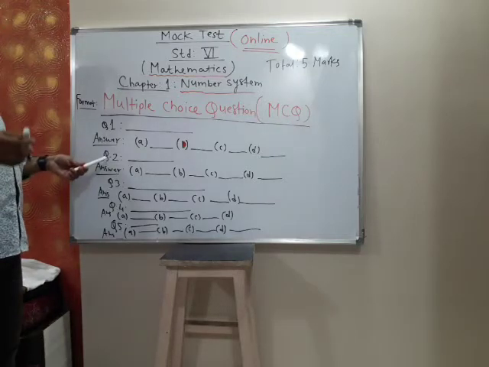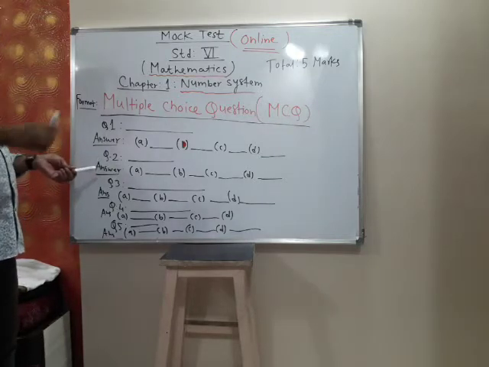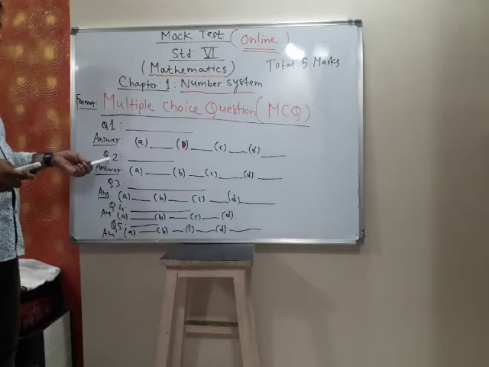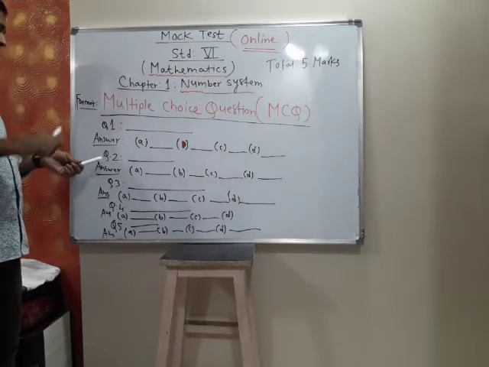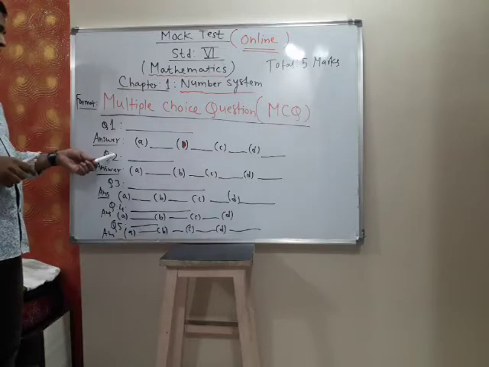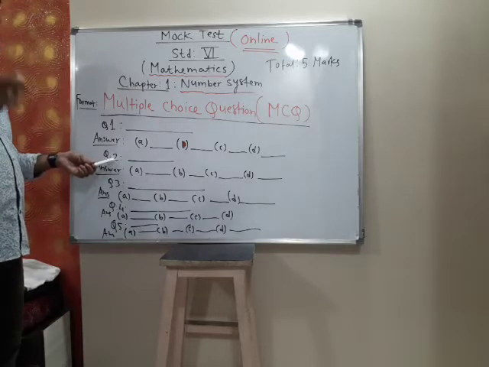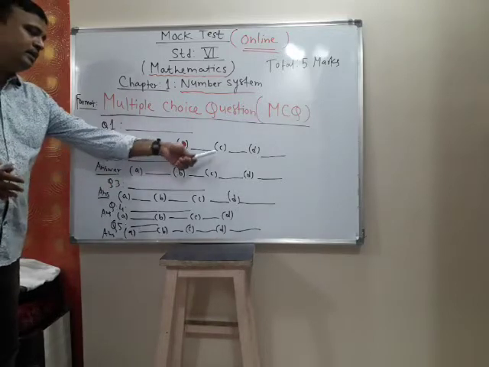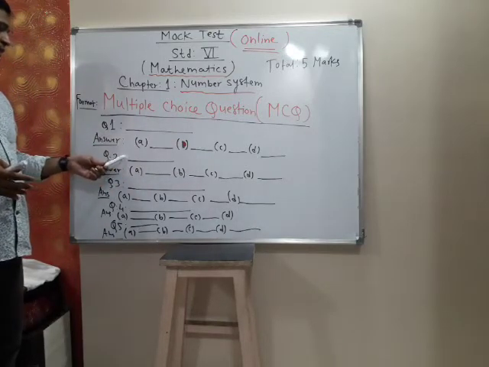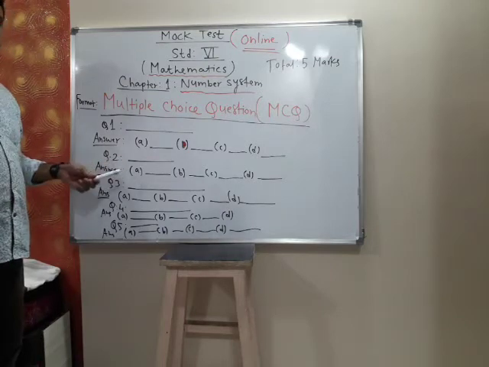After this you will go to the next question, question number 2. There is a next button; you have to click that next button. Again for question number 2 you will get 4 options, A, B, C, D. After reading the question, you have to find the correct option.